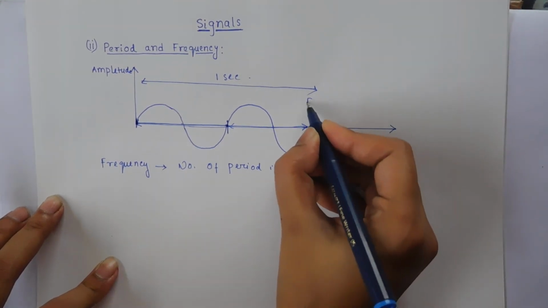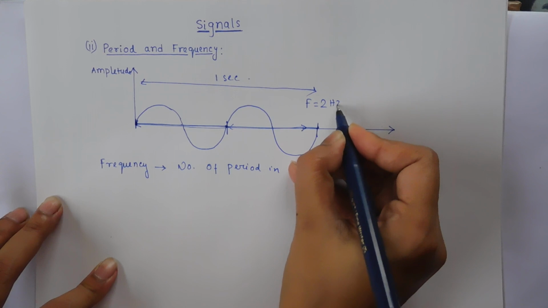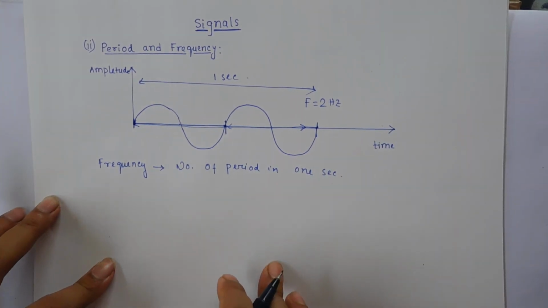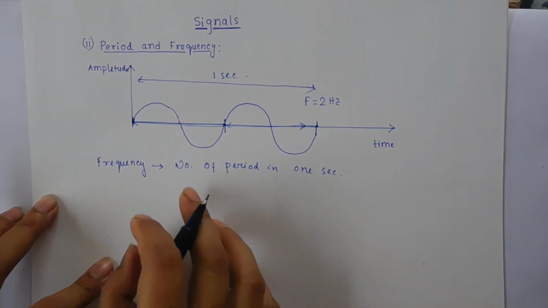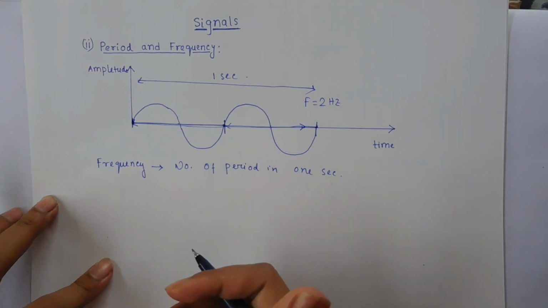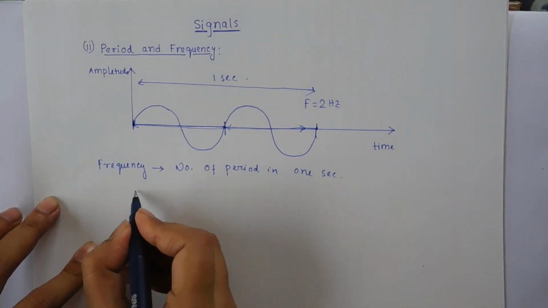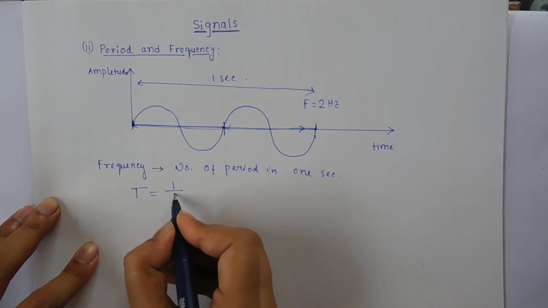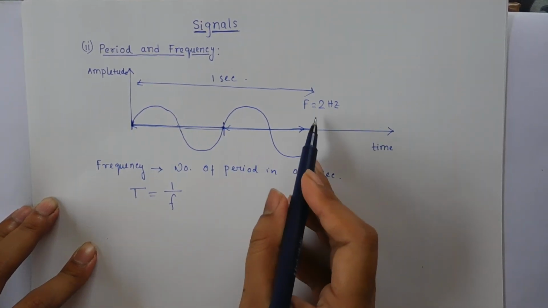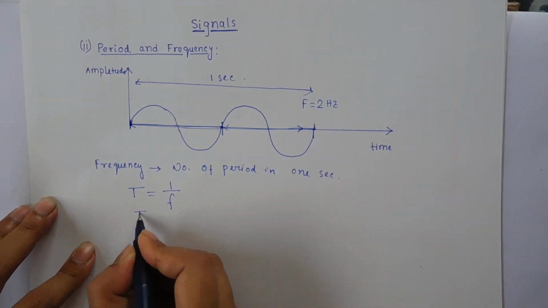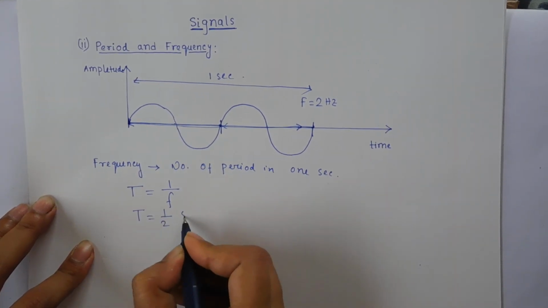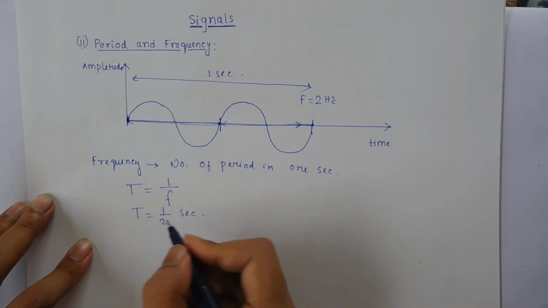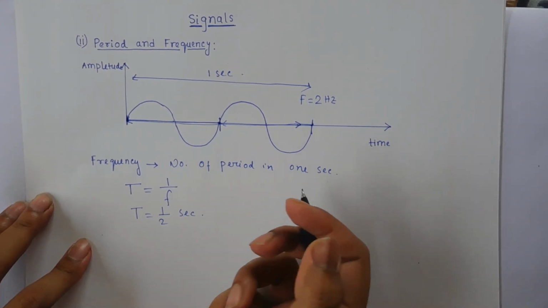So we can say the frequency is 2 Hz. Hertz is the unit of frequency. Now period is inversely proportional to the frequency. So we can say the time period is inversely proportional to frequency. Here the frequency is 2, so the time period is 1/2 second. Second is the unit of time period.